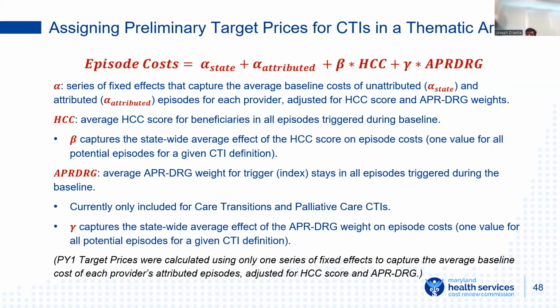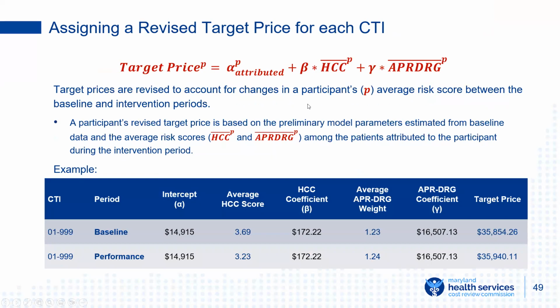The estimated fixed effects here are the most important parts, because for the episodes attributed to each hospital provider, alpha attributed represents the historical average baseline costs for that specific participant's attributed episodes, adjusting for patient risk scores. As an additional note, we do Winsorize the total episode cost prior to risk adjustment to reduce the effects of very expensive or inexpensive episodes on the results.